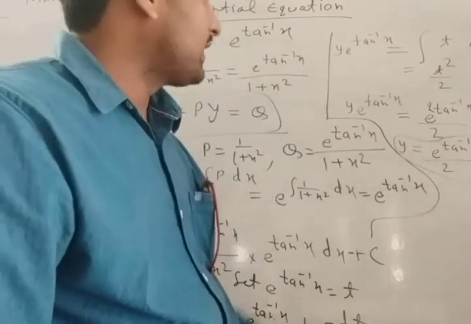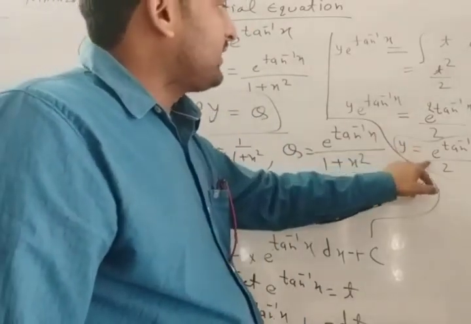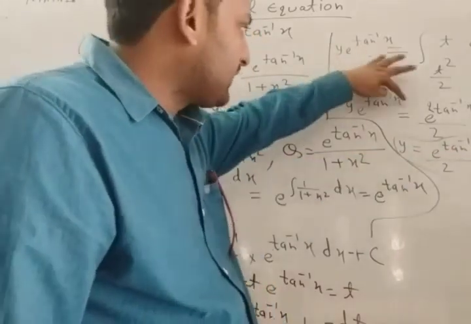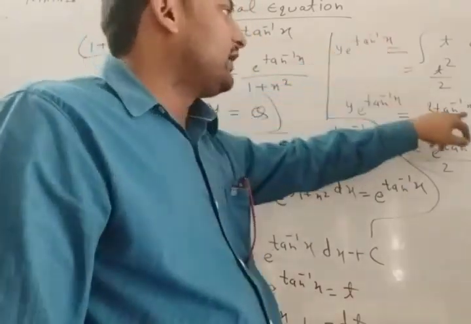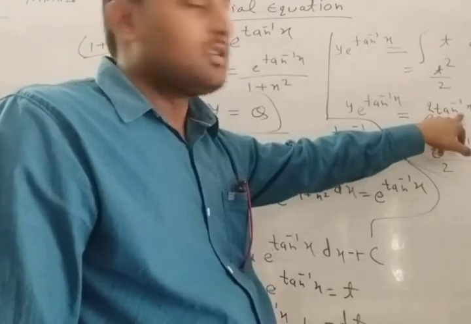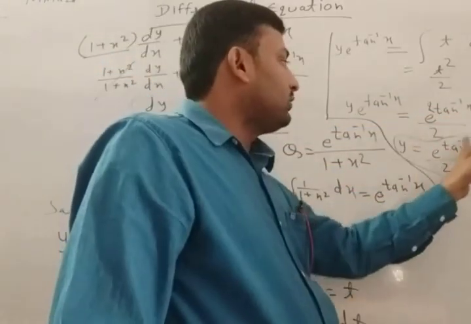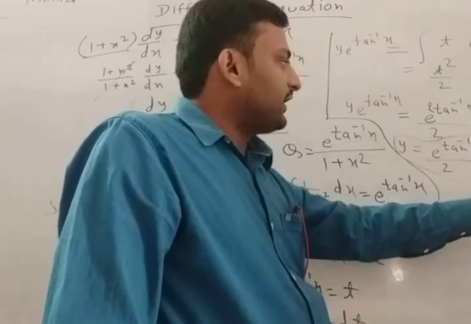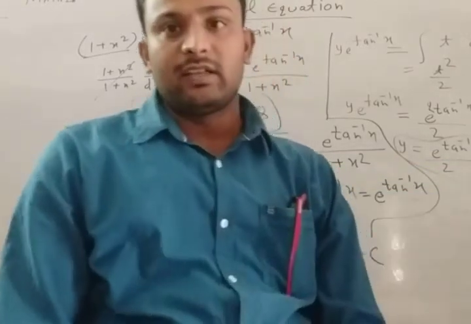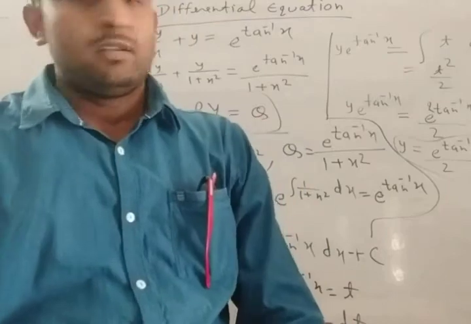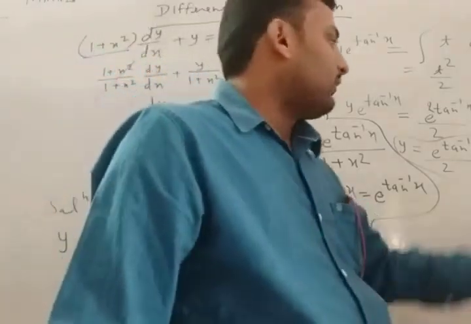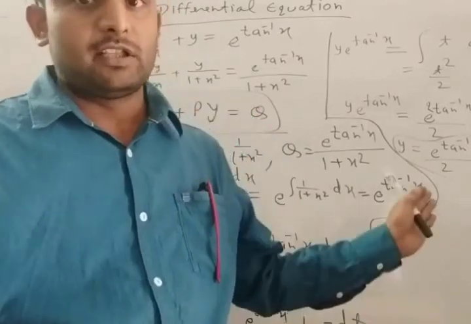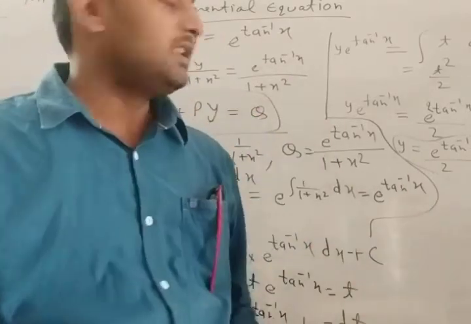When we send it to the right hand side, we get y is equal to e to the power tan inverse x by 2, because one power will reduce from the two powers. So we write y is equal to e to the power tan inverse x by 2, and here in the right hand side c e to the power minus tan inverse x. So it will be our general solution of this given differential equation.